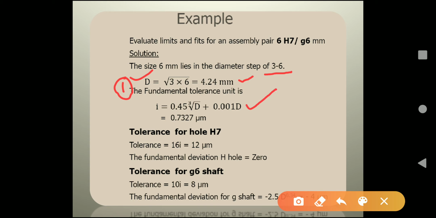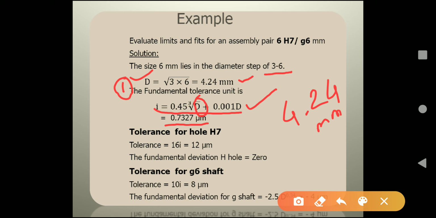In the previous lecture we have seen the formula of i, that is equal to 0.45 cube root of D plus 0.001 D. Here you can see this particular formula. Here we have replaced the value of D, that is 4.24 mm. So as per calculation, it is directly given here. It will come 0.7327 microns.